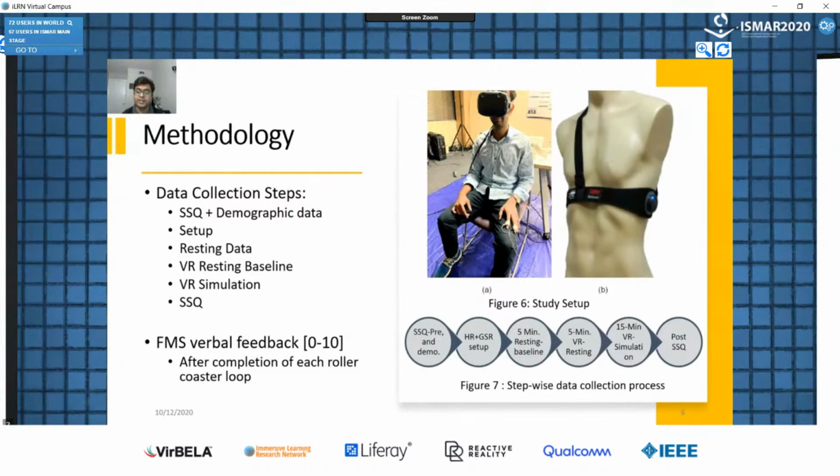And then we collected the resting VR data, which basically exposed the participant to the virtual reality simulation, but they were not moving, and the roller coaster was not moving at all. Then there's 15 minutes of roller coaster simulation, and at the end of the study, we collected the post SSQ. And during that 15 minutes of roller coaster simulation, we asked the participant to rate their discomfort on a scale from 0 to 10.